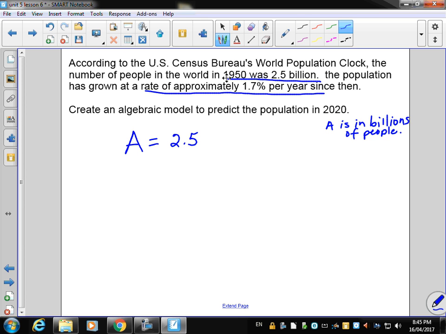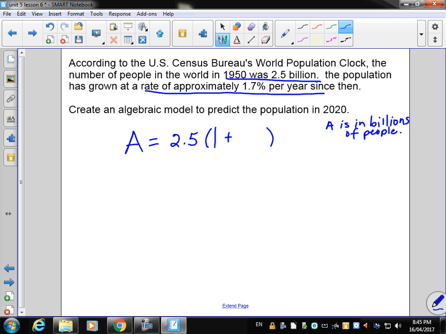So we started with 2.5, and what is our rate of growth? Well, I know I'm going to keep that 2.5 billion. I'm growing, so my B value or my base has to be bigger than 1. So I'm going to do 1 plus my percent growth as a decimal. So it's been growing at 1.7%.